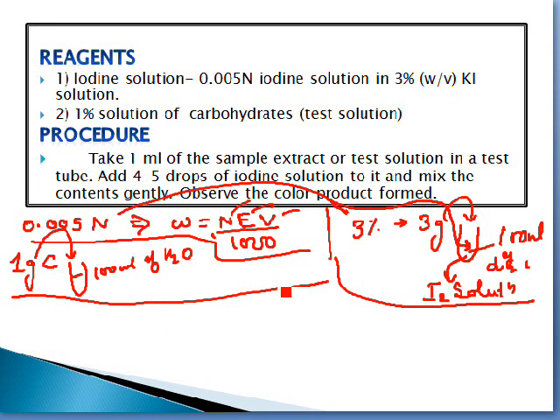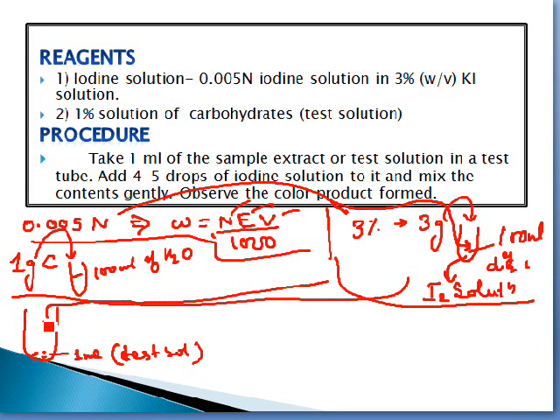Take 1 ml of carbohydrate solution in a tube, and add 4 to 5 drops of iodine solution. Then observe for the color reaction. This is the whole procedure for this experiment.